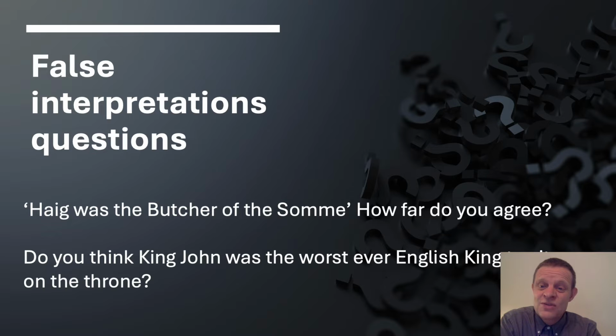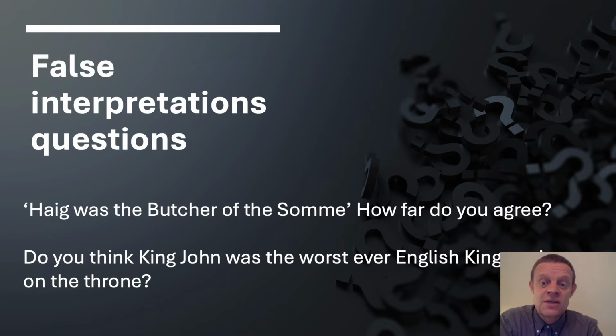Now, what these questions are doing is they're asking pupils to make an evaluative judgment and come to their own interpretation of the past. We come to our own interpretation of the past when we answer a why question. That's our view. It's not the view of someone else. It's not an interpretation created by a historian.